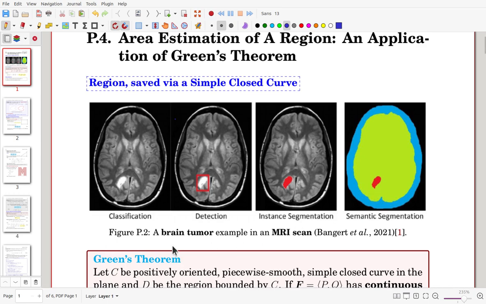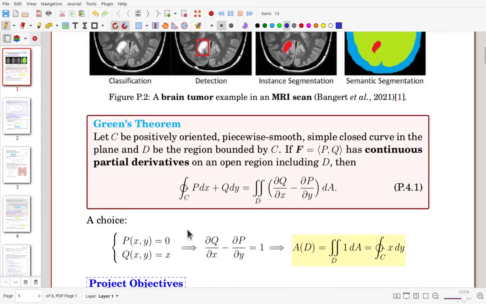Let's see Green's theorem. C is a positively oriented, piecewise smooth, simple closed curve in the plane, and D is the region bounded by the curve.